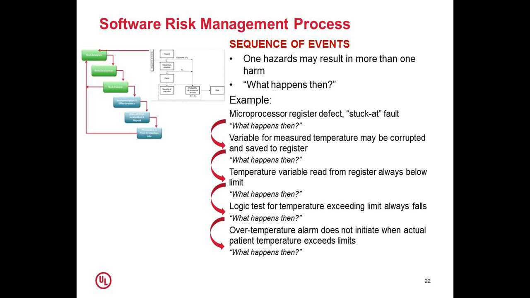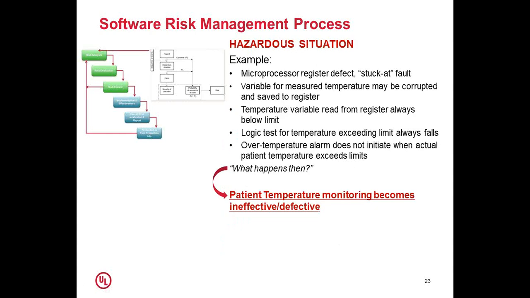The microprocessor register defect could have resulted in a wrong temperature measurement, and the nurses or the users were not alerted because the over temperature alarm does not initiate when the actual patient temperature exceeds limits. If I continue with that, we arrive at a hazardous situation: the over temperature alarm does not initiate when the patient temperature exceeds limits. What happens then? The patient temperature monitoring becomes ineffective or defective.